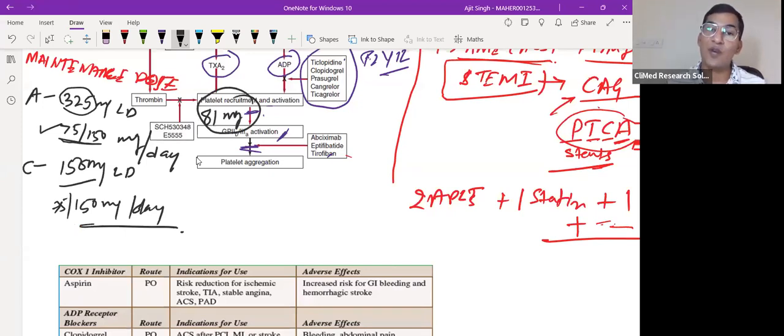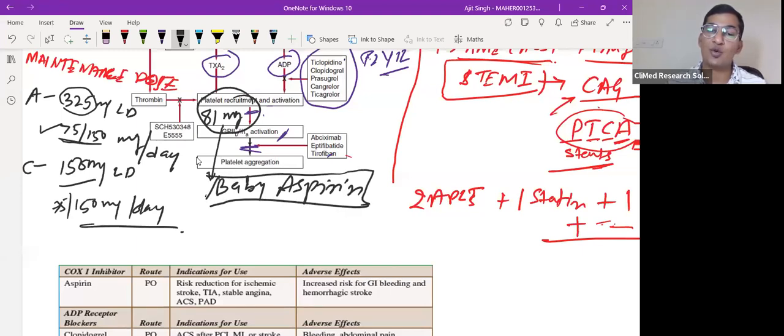Outside, that is 81 mg, and this 81 mg is known as baby aspirin, the lowest dose of aspirin. Remember this, baby aspirin is 81 mg per day, which is not in India but outside India.